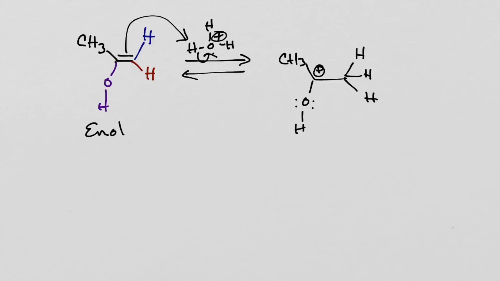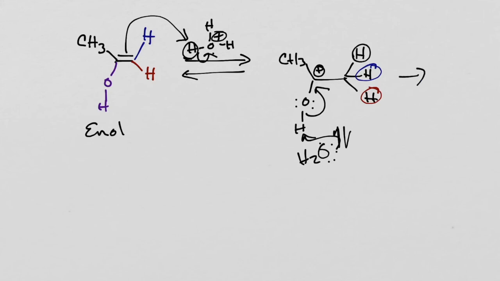We generate this carbocation with our new proton being added to this carbon right here, and just for clarity, there's our red one and there's our blue one. Then some water is going to come along and remove that last proton and get us to our more stable keto form.